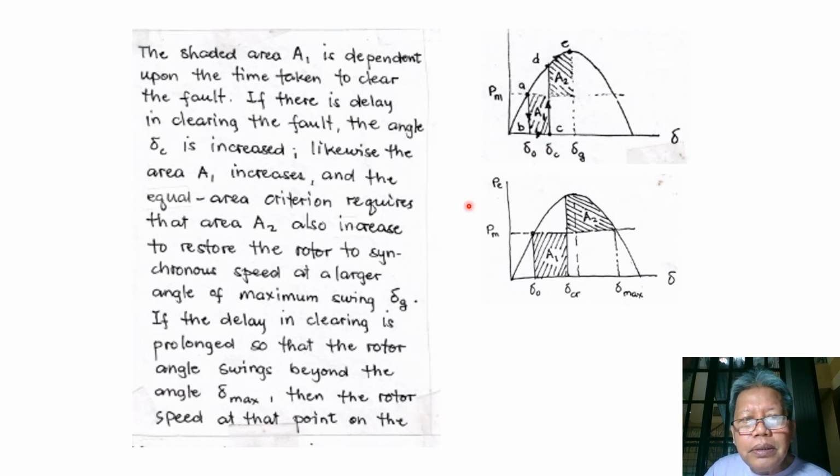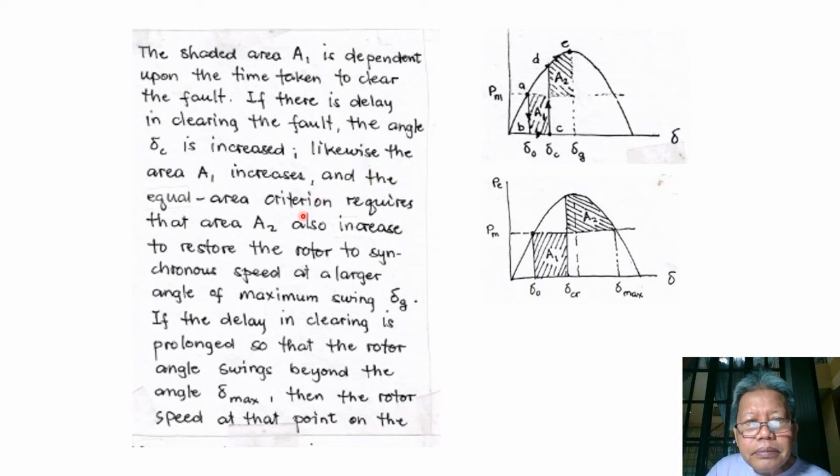So if the clearing is further delayed, our delta increases from delta O to a larger value. Say we call this delta CR, where we call this the critical angle.